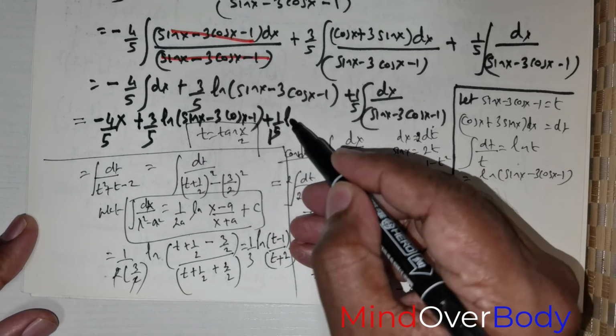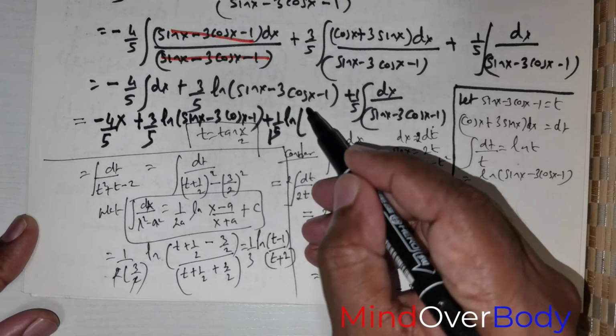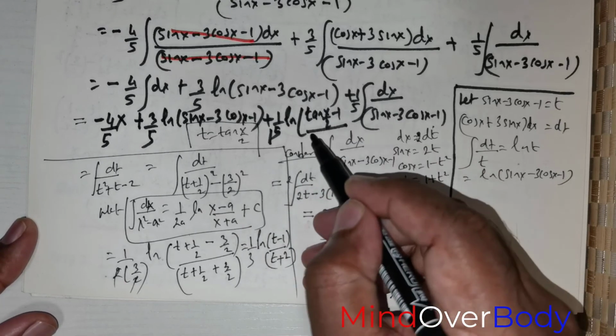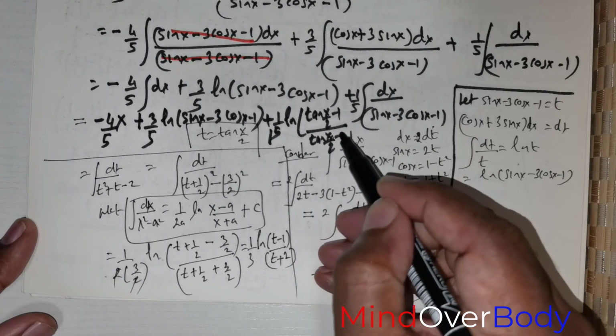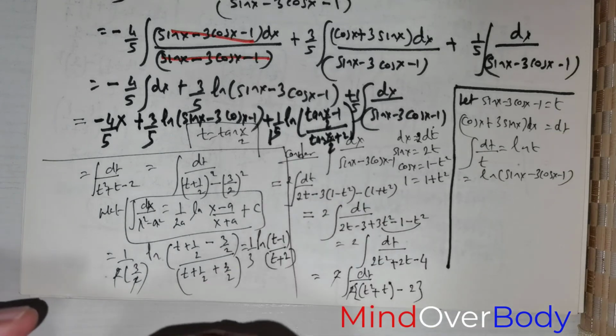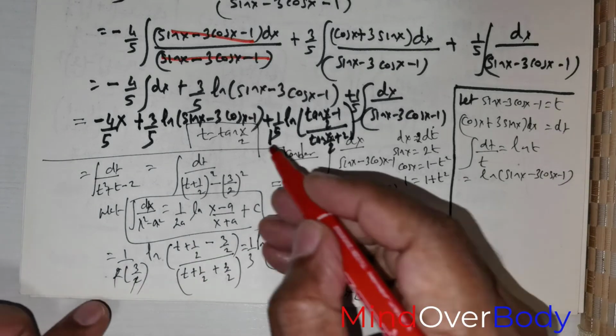So it's going to be ln of, in place of t, substitute tan x over 2 negative 1 followed by tan x over 2 positive 2. So this is the solution with the arbitrary constant c.